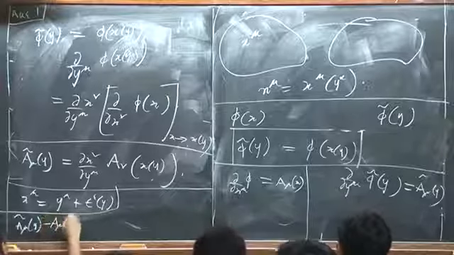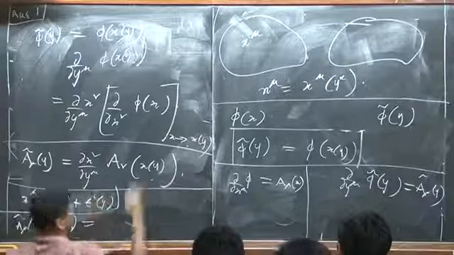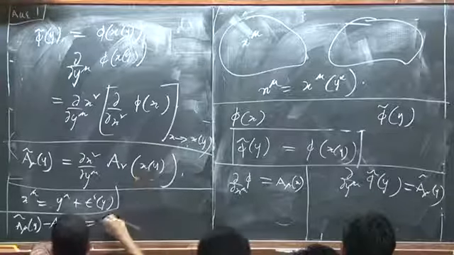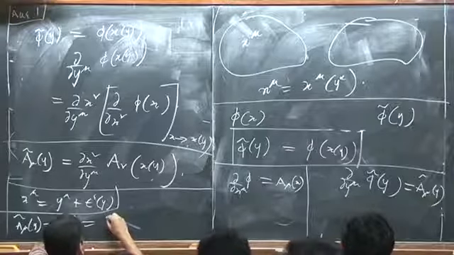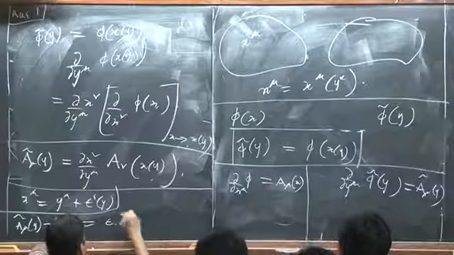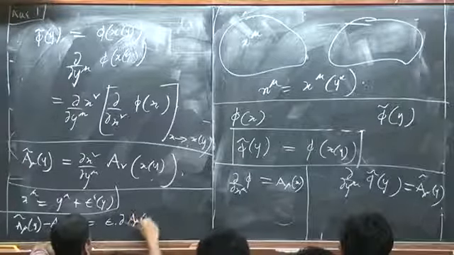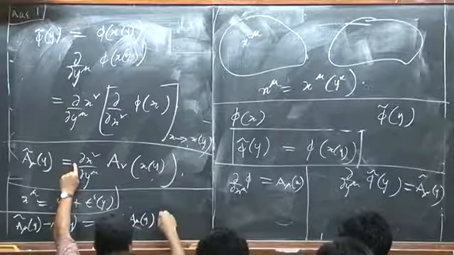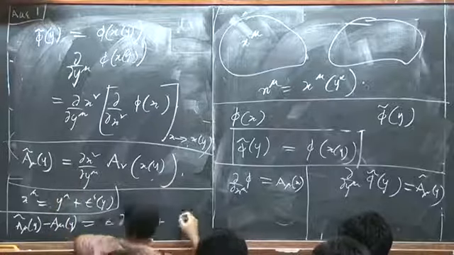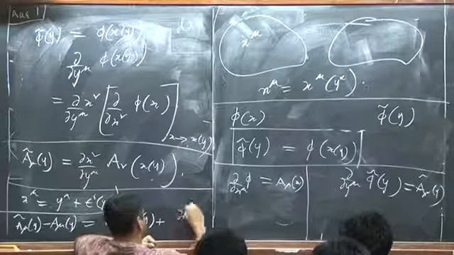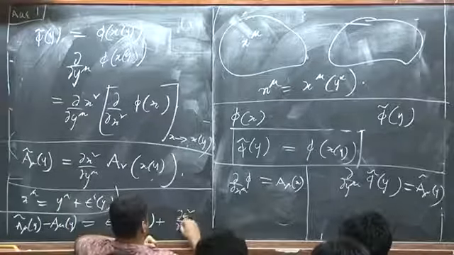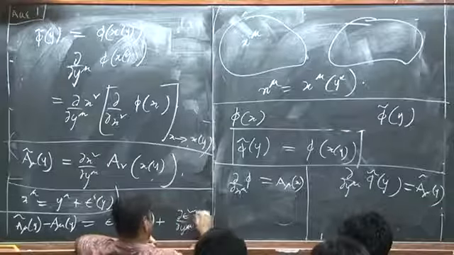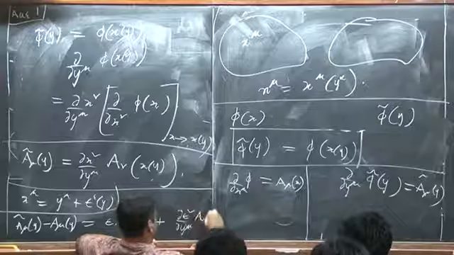So saying a tilde mu of y minus a mu of y is equal to, and let me write it down, and you see you agree. The first term is epsilon dot del into a mu of y, and then the second term is plus del epsilon mu by del y mu into a mu.